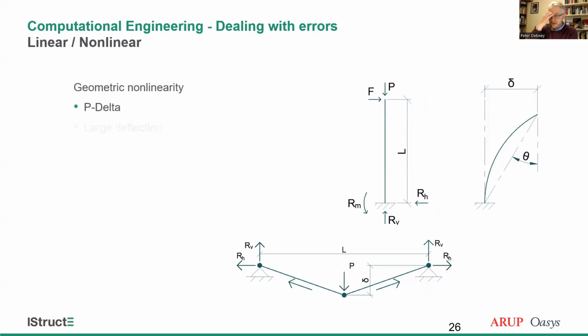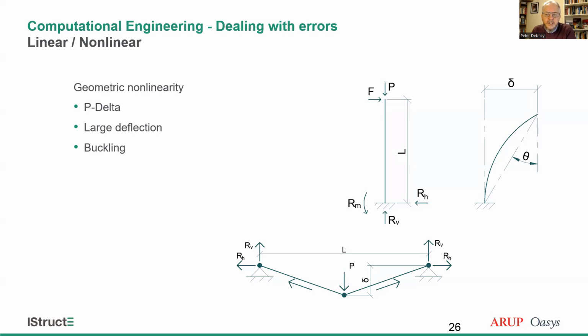Linear and non-linear effects. If you're using a linear analysis, it will assume that the deflection is small, and it does that by establishing equilibrium at the original undeformed position.